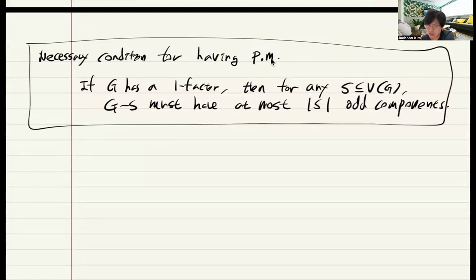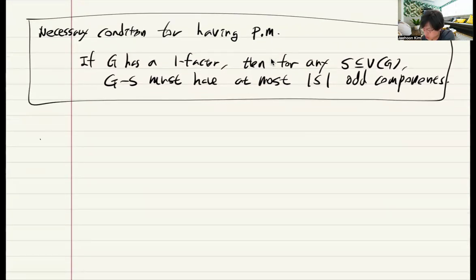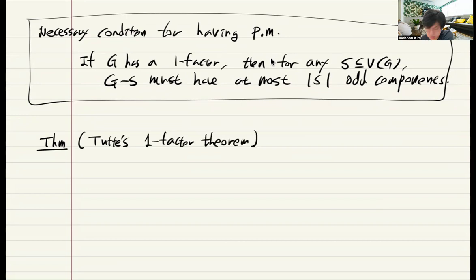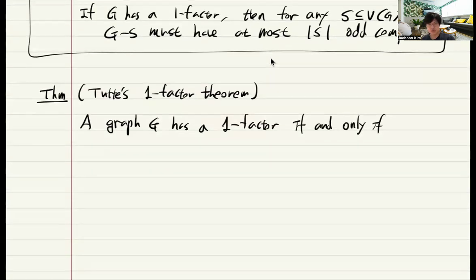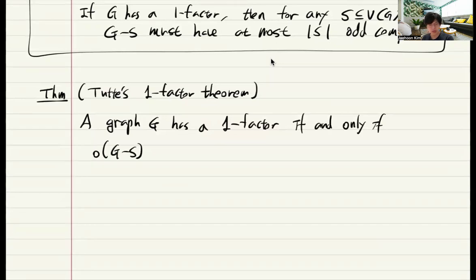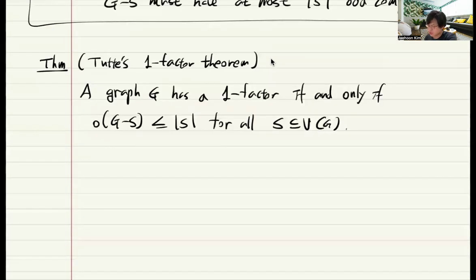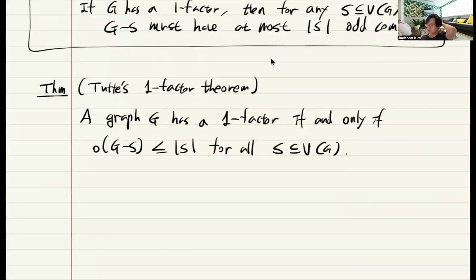Again, we can show that this necessary condition is also sufficient, which gives us the following Tutte theorem. Tutte's one-factor theorem says that a graph G has a one-factor, a perfect matching, if and only if the number of odd components in G minus S is at most the size of S for all vertex subsets S of G. We can prove further than this.